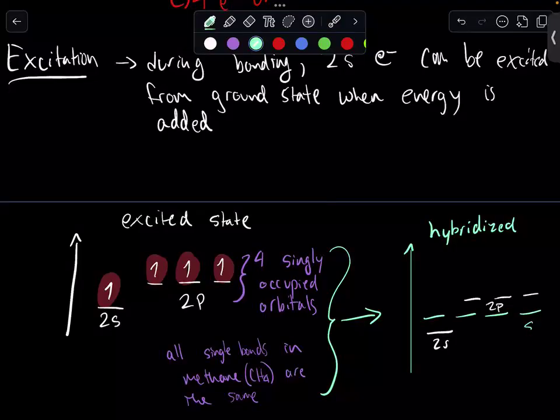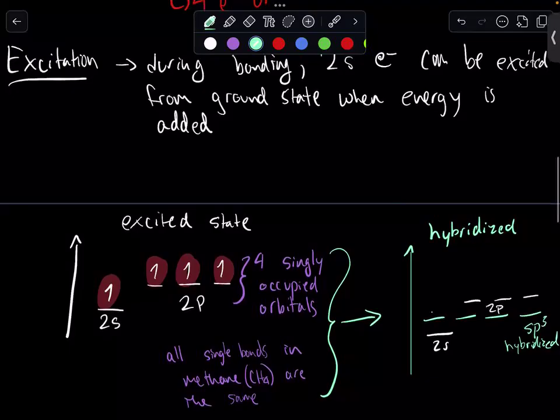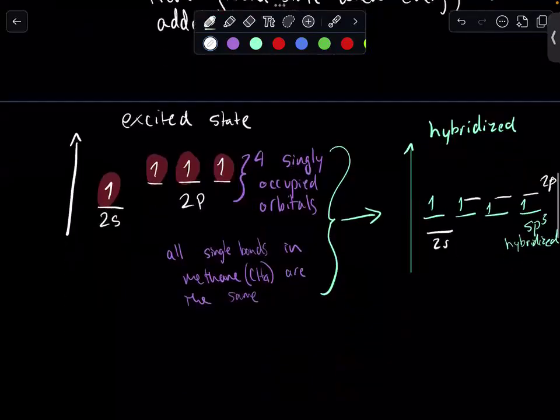This is our sp3 hybridized. Because what ends up happening is that these hybrid orbitals are kind of like an intermediate between our s and our p orbitals. So that's the key thing here.